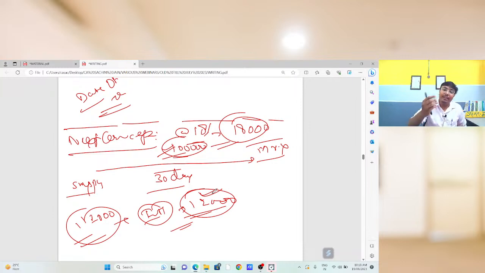And after 1 year, when I charge 12,000 rupees on account of interest, at that time I need to take GST at the rate of 18% on that 12,000 also, and I need to pay that GST to the government at the time of recovering that amount. So whenever there is any addition on account of interest or late fees, at the time of addition of that interest and late fees, we need to pay taxes to the government accordingly.